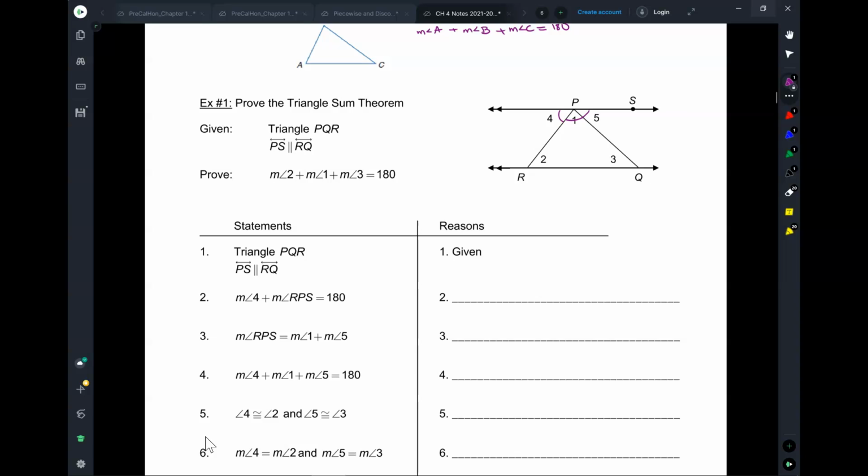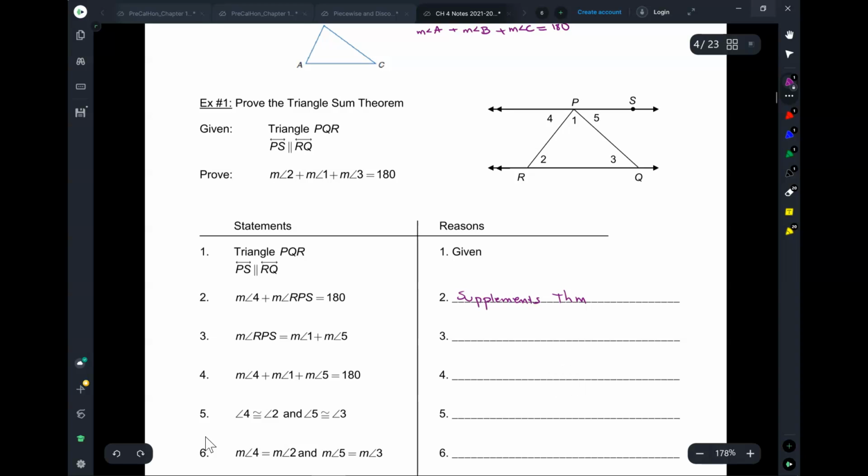What would be the reason there? They're linear. They are a linear pair. So what's the theorem? Supplement theorem. Okay. All right. So those two are equal to 180 together.